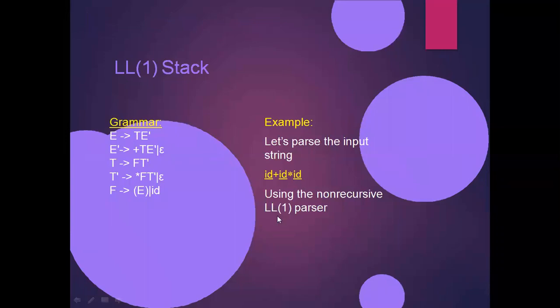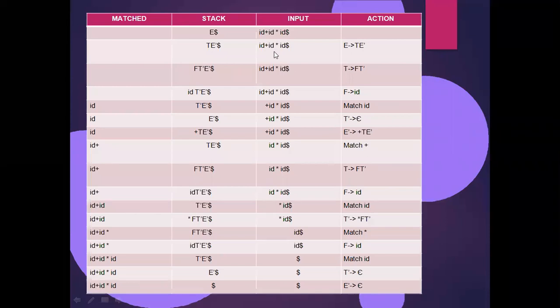LL(1) is a non-recursive descent parser, and here we are going to parse id plus id star id. This is the input string. After storing that input into the buffer, you should end the input with a dollar.